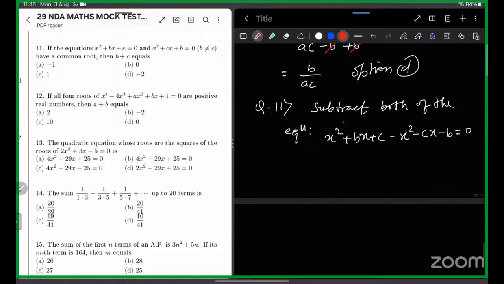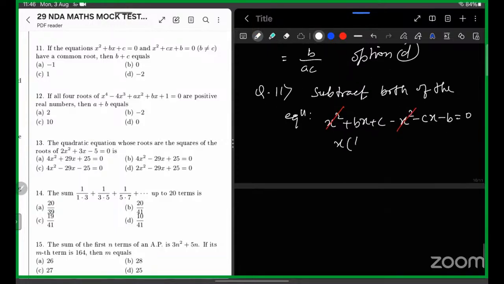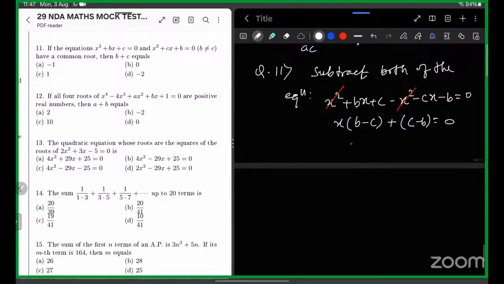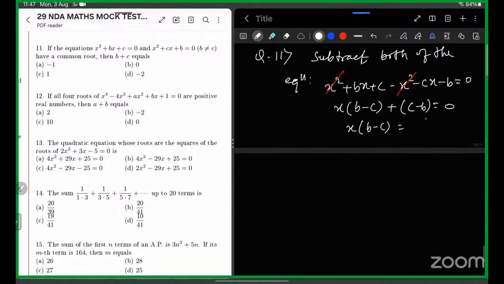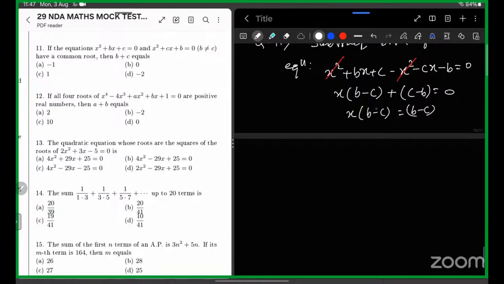So as you can see, x square will get cancelled out. Rest, I can take x common in bracket. I will be getting b minus c plus c minus b equal to 0. So x of b minus c can be written as minus of c minus b, that is b minus c again. If you see both of them are same, just cancel both of them.